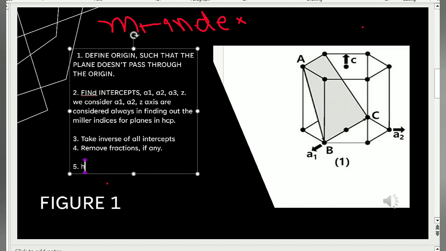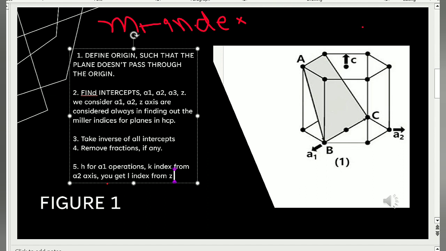You get the K index from A2 operations, and you get the L index from the Z axis.